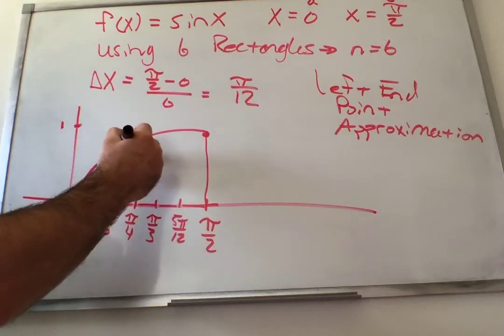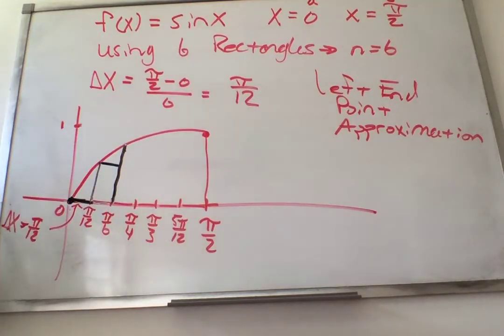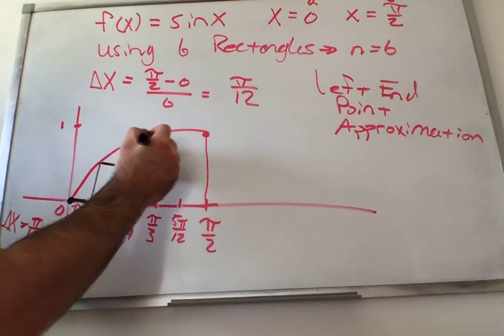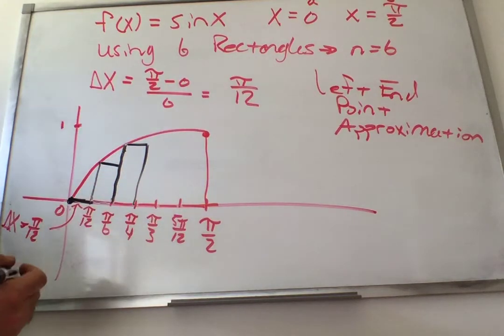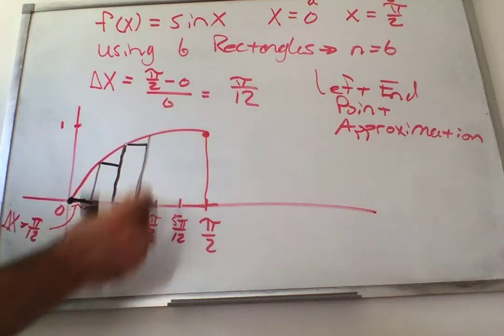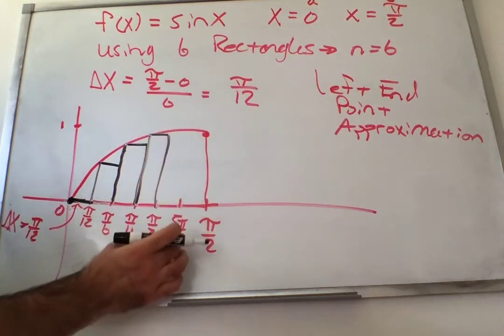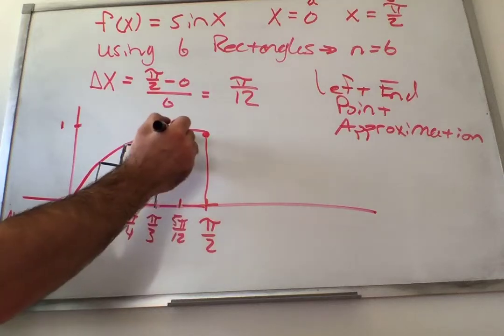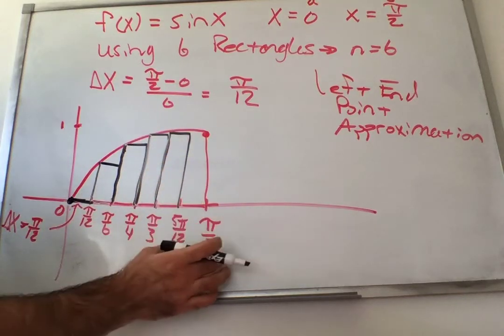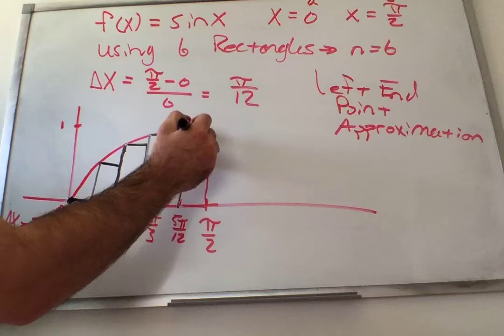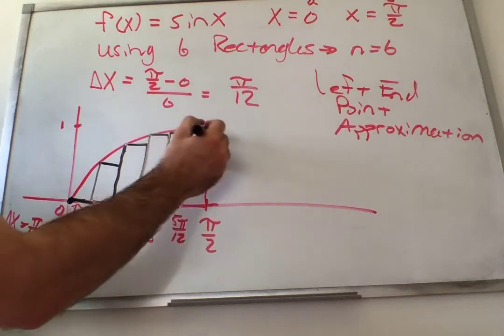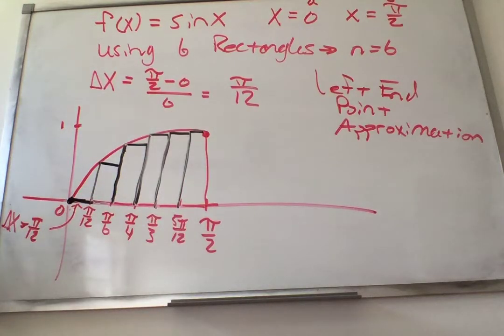I'm going to draw it going up to the curve, and then I'm going to go over and draw my rectangle like that. And I'm going to repeat the process. Between these two, I choose the left endpoint, draw my rectangle. Between these two, I choose the left endpoint, I draw my rectangle. Between these two, I choose the left endpoint, and I draw my rectangle.